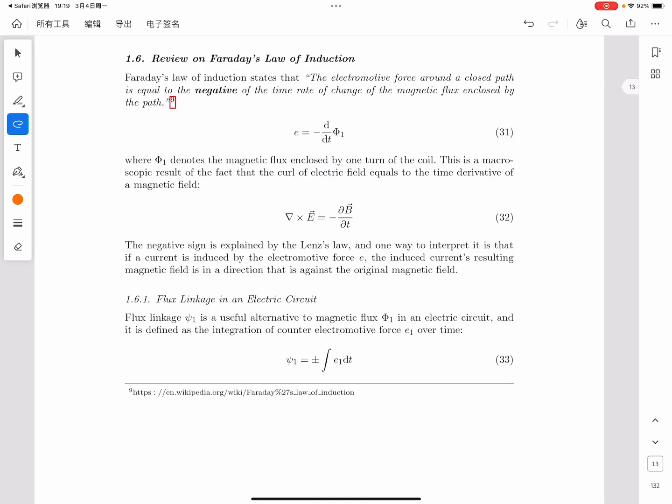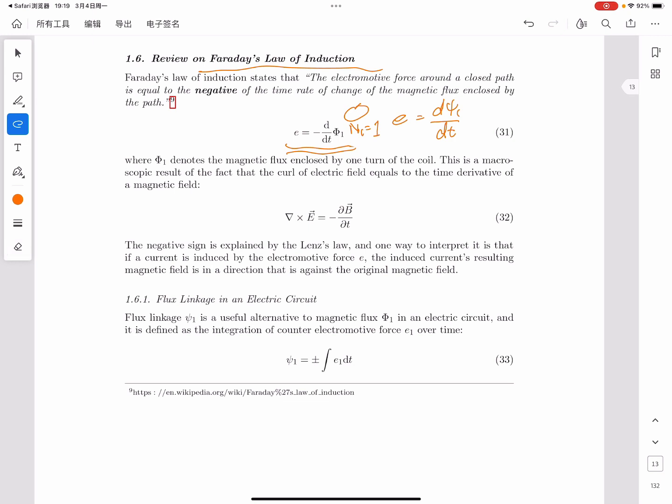One thing to note is that we have used a different expression for Faraday's law of induction above. This is the original definition. It is valid for only one turn of coil, so N1 is 1.